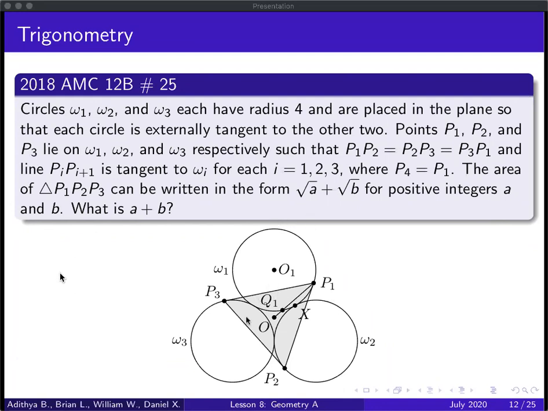And so if you see here, OP1, P2 is the same as Q1, P1, P2 by the way we defined it.